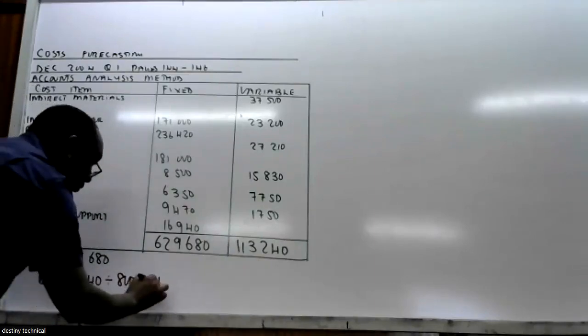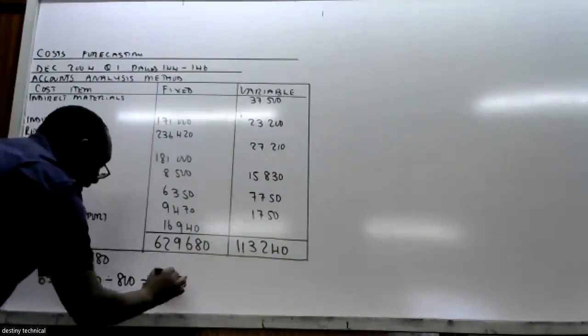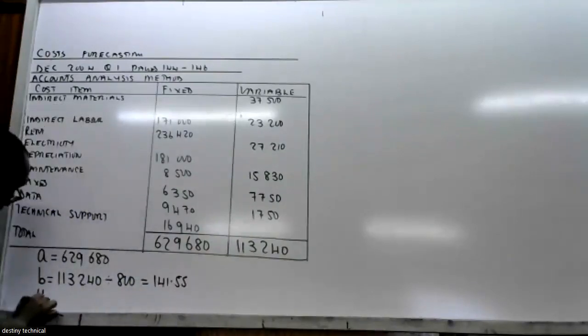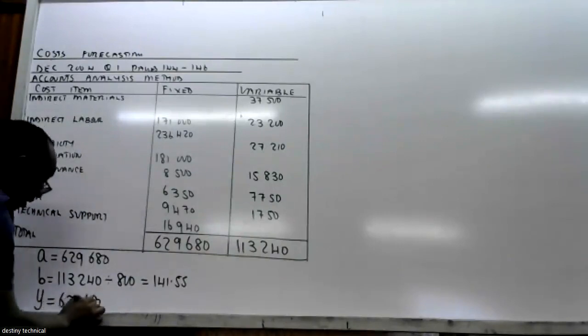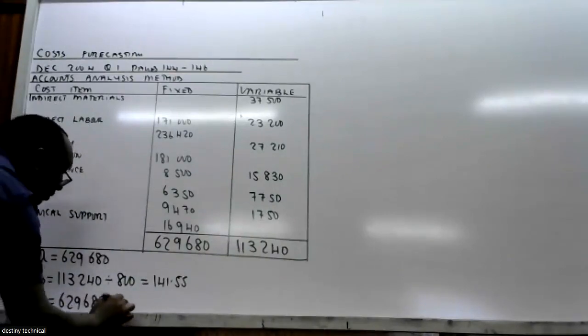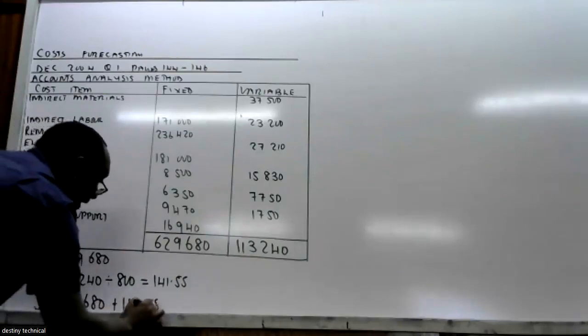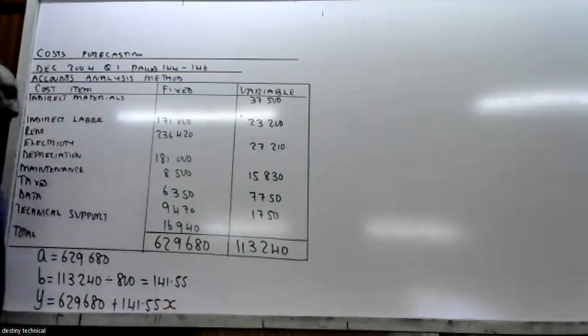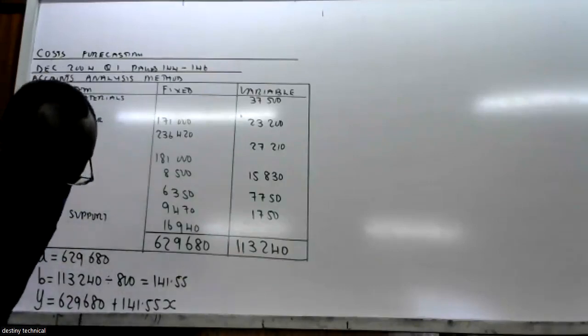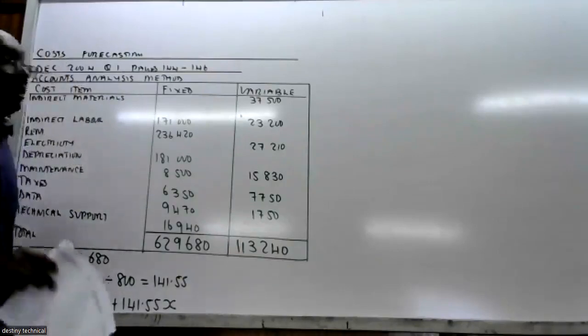So this gives us 141.55. So y, the equation, is 629,680 plus 141.55x. So that is the cost function. That is how it's developed when you are using the account analysis method.